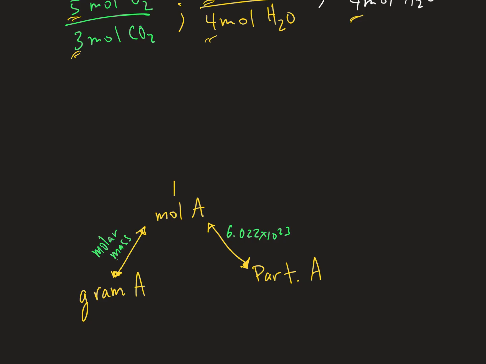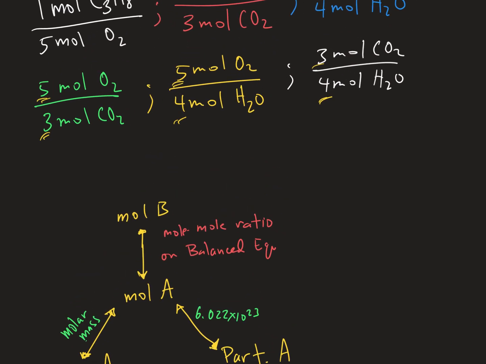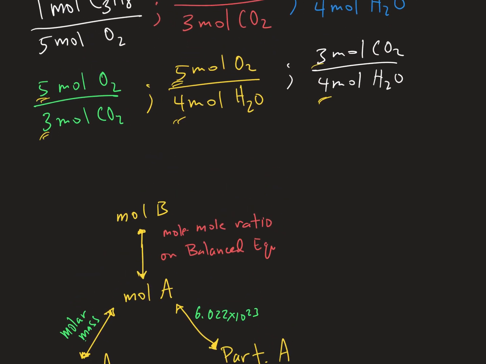And then if I want to go from moles of substance A to moles of a different substance, we'll call it substance B, then we use the mole to mole ratio. That's found on the balanced equation. And that's what we just barely went over. So this is the mole to mole ratio, 5 moles of oxygen to 4 moles of water, for example. Good?